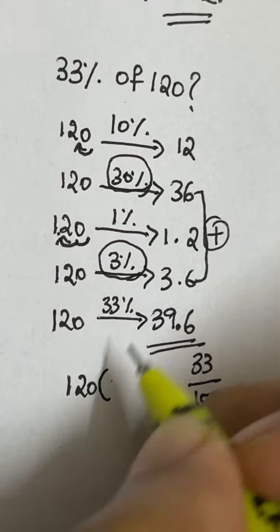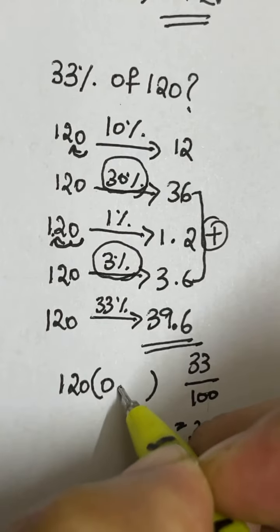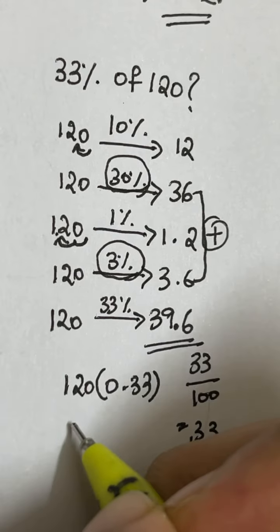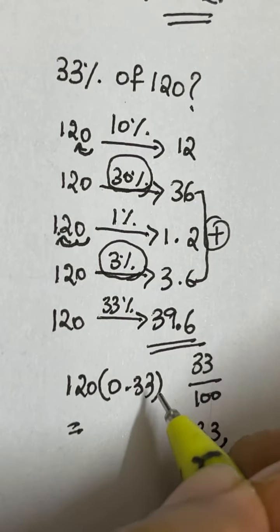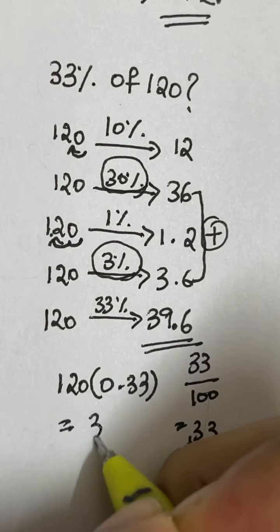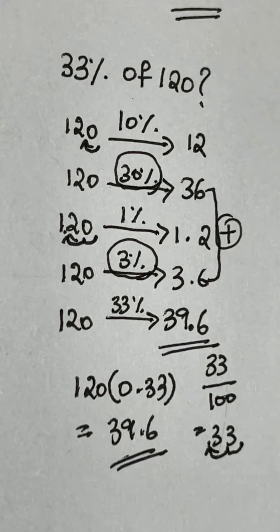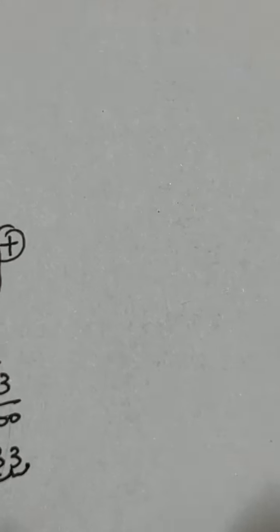So that's your 33% in decimal, 0.33. That you put in your calculator to confirm your answer. 120 times 0.33 is going to give you 39.6. That's your answer. Okay.